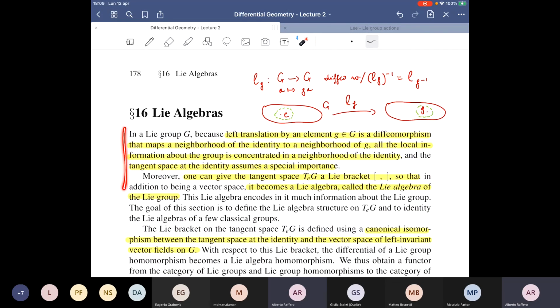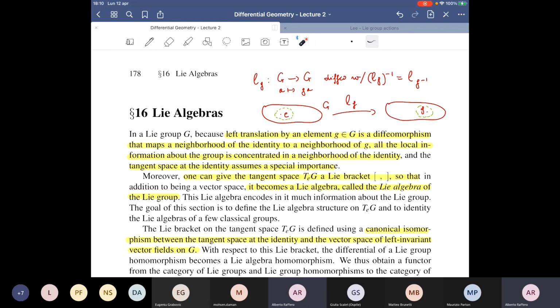So let's focus on a Lie group G. As we said before, if you consider an element in G, let's say small g in capital G, then the left multiplication is a diffeomorphism of the Lie group. We said this before, that it is smooth and its inverse is just the left multiplication by the inverse of the element g.